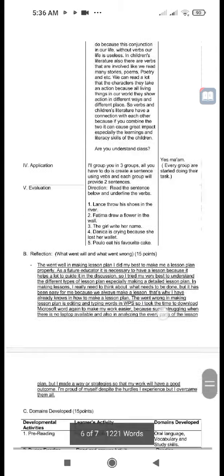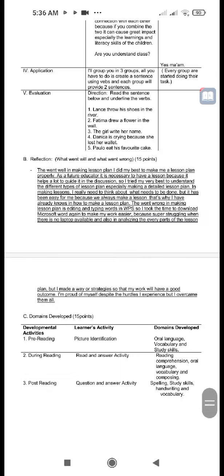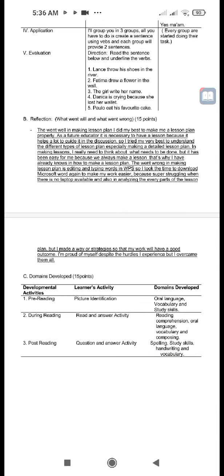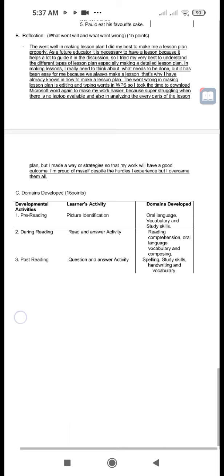So, the domains developed in pre-reading are oral language, vocabulary, and study skills, and the learner's activity is picture identification. During reading, the learner's activity is a read-and-answer activity, and the domains developed are reading comprehension, oral language, vocabulary, and composing skills.